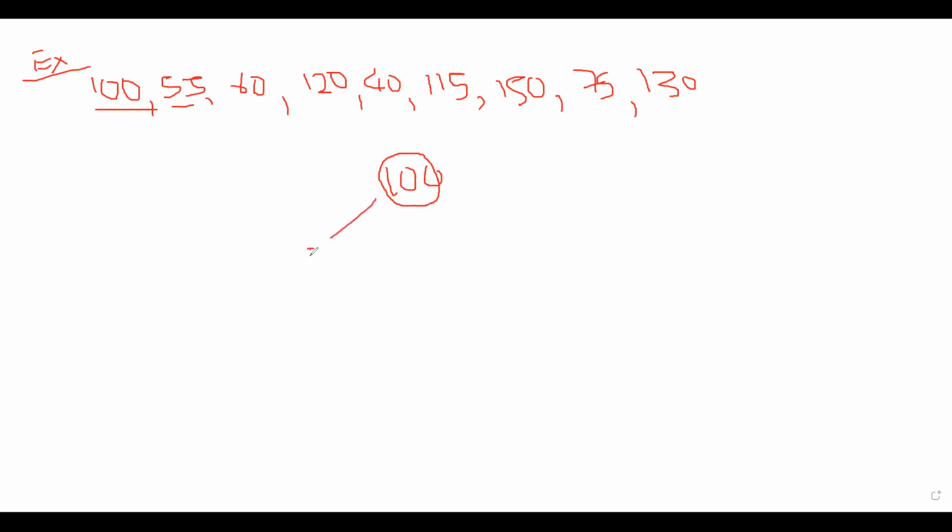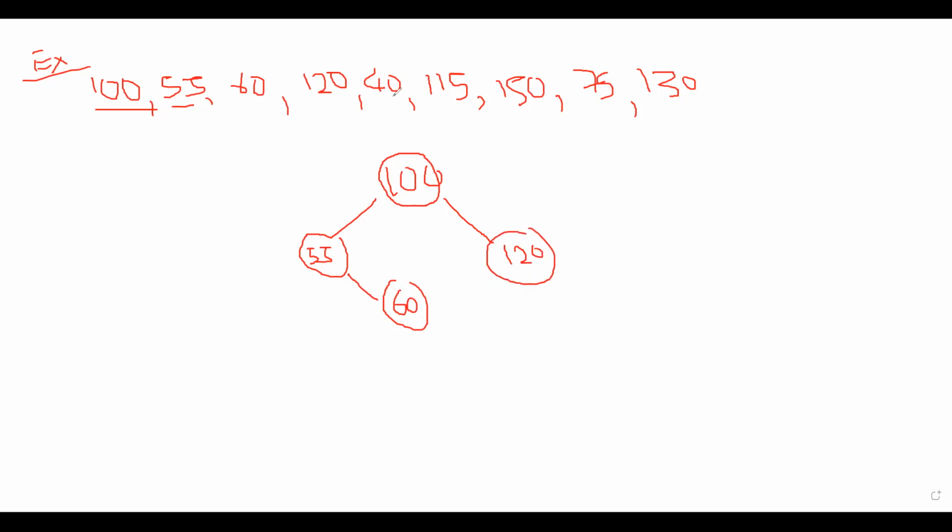So it goes over here, 55. Then 60. We start with the root. 60 is lower than 100, so it comes over here, and 60 is higher than 55, so it goes here. Then 120. 120 is higher than 100, so it goes over here.